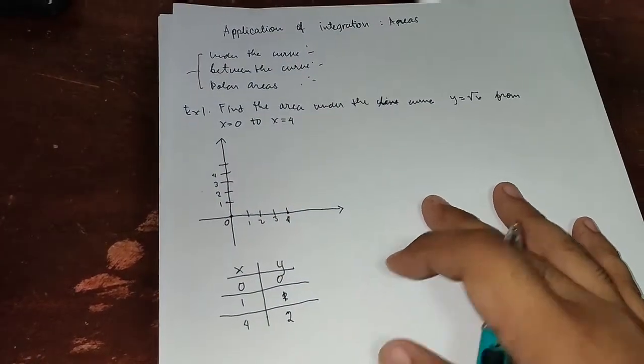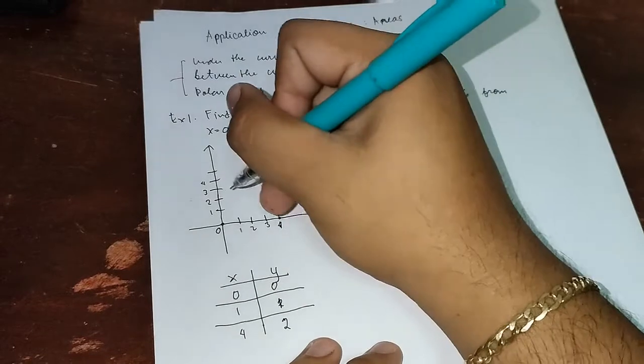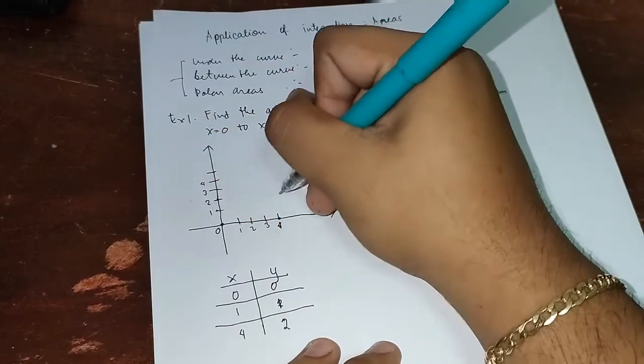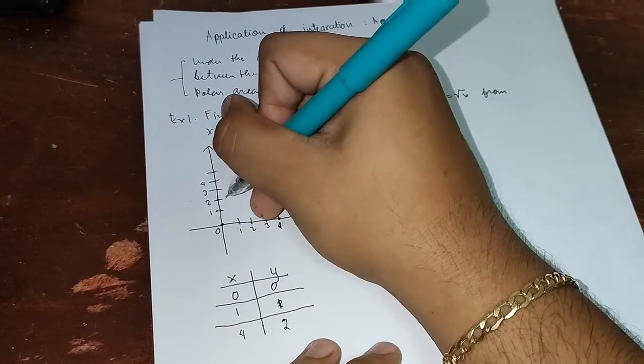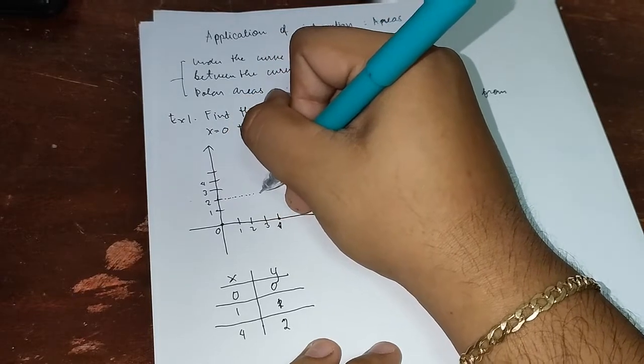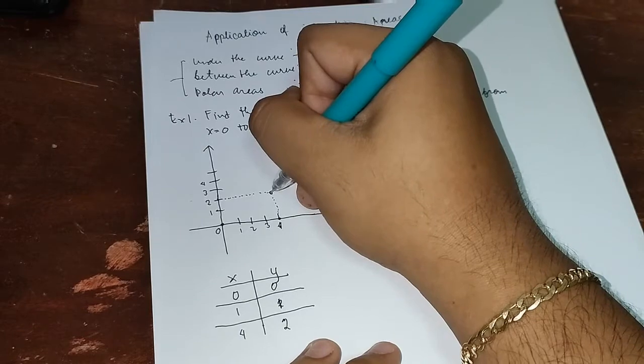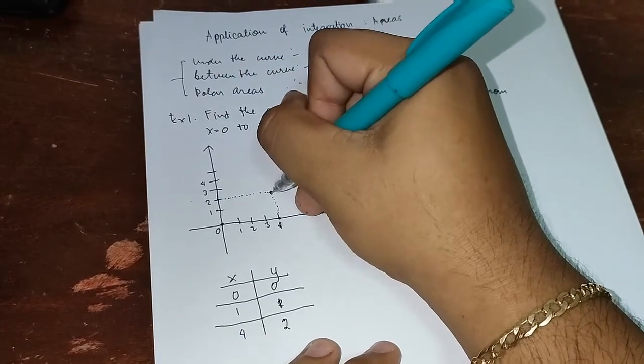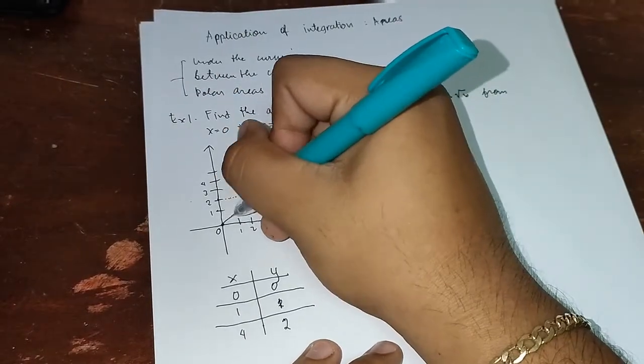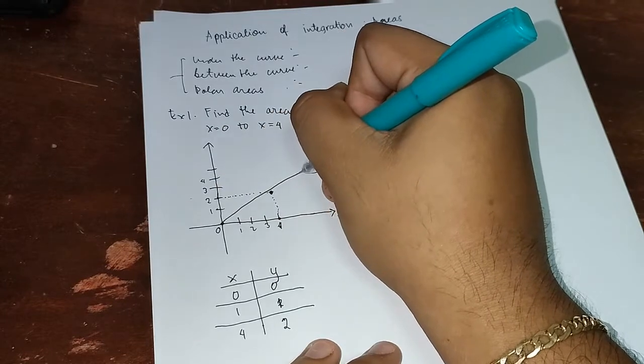So now we can plot our line, which is here 2 to 4. We're just gonna draw the broken line. And now we're gonna draw our line.